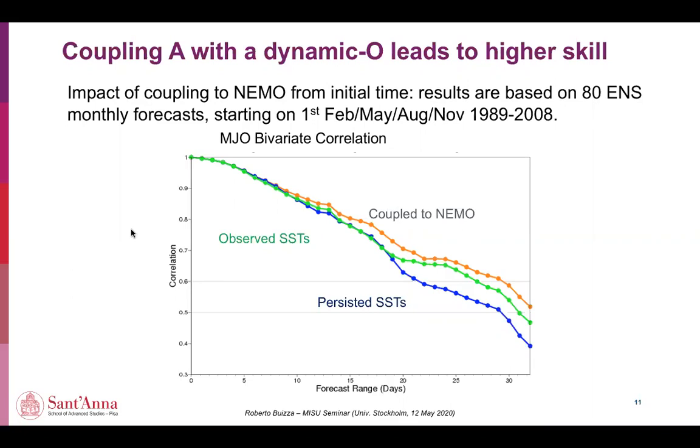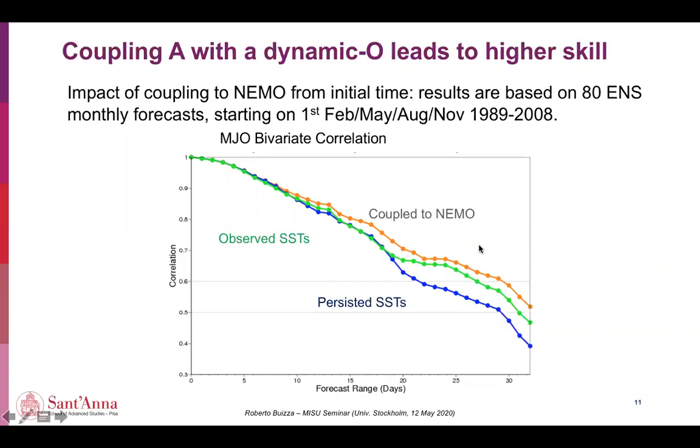So this is an example of the impact of coupling the ECMWF model to the dynamical ocean NEMO, from Frederic Vitart, on the skill of predicting the Madden-Julian oscillation, which is organized convection in the tropics.